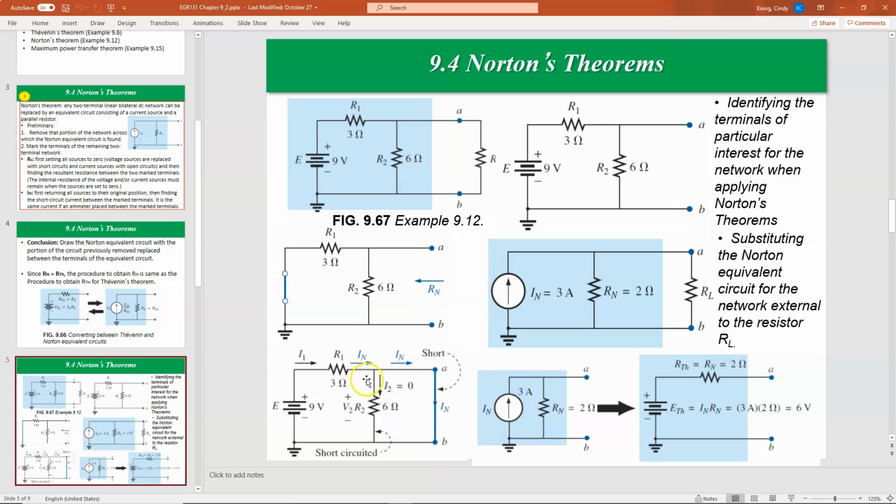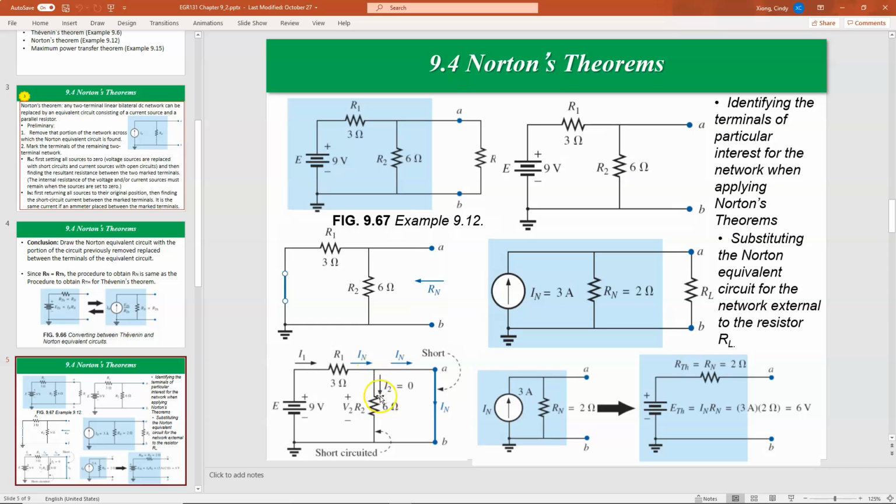For this circuit, if you put a short circuit between A and B, then no current will go through your R2. When the current gets out from the power source and goes to this point, you will find it goes through the short circuit, because the resistance is kind of like traffic.